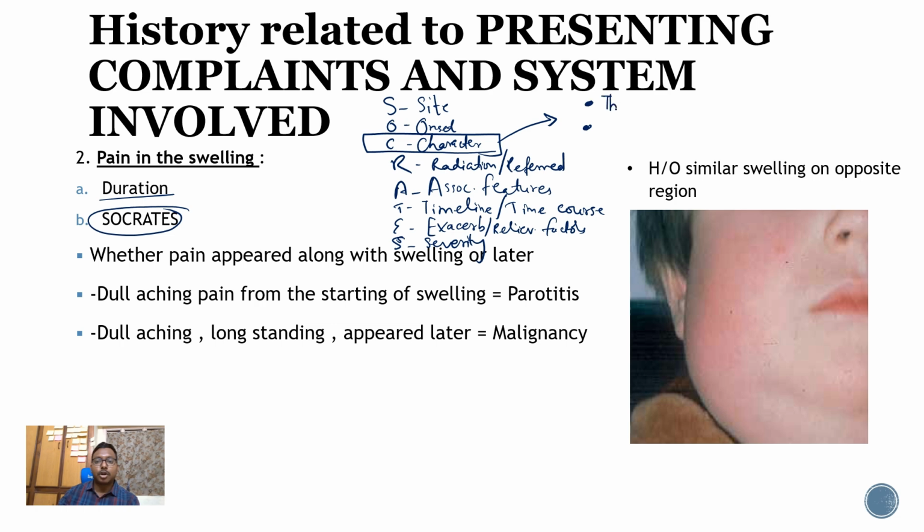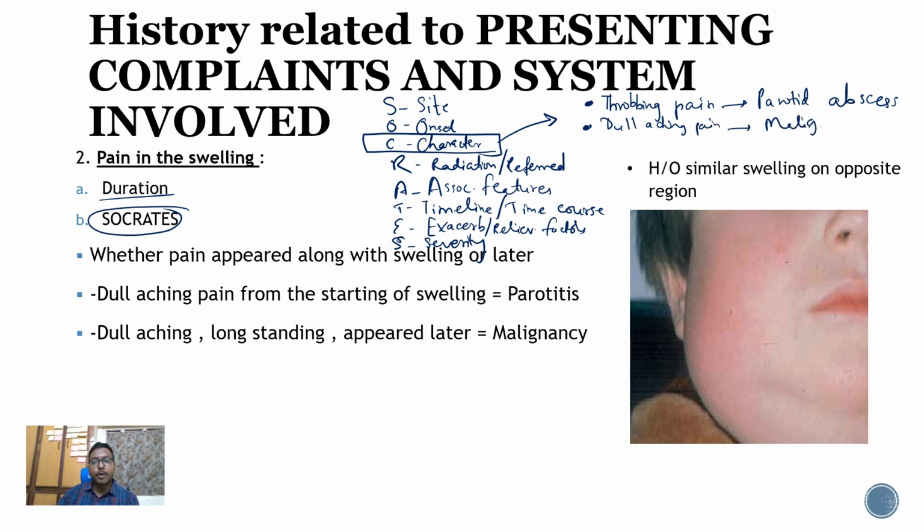Whenever a patient presents with very severe throbbing pain, more or less it will be associated with parotid abscess. Next, instead of that, previously painless swelling, later the patient developed pain, something like a continuous pain or a dull aching pain. Maybe it can be a malignancy.